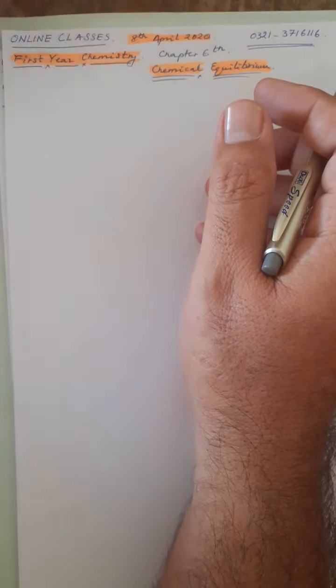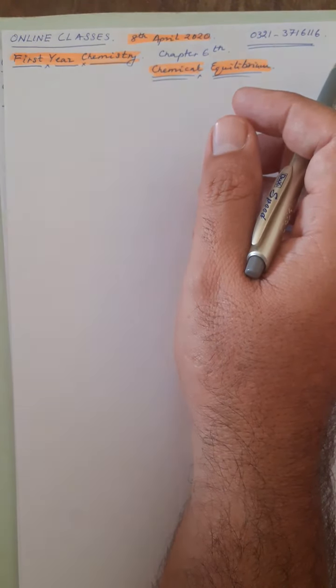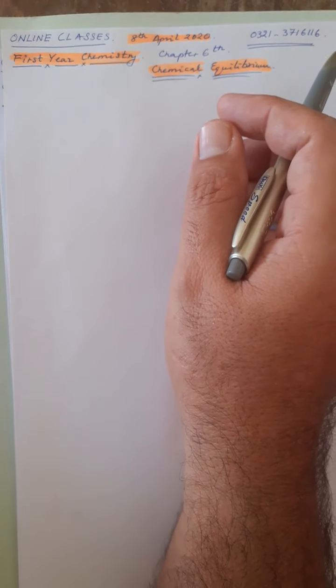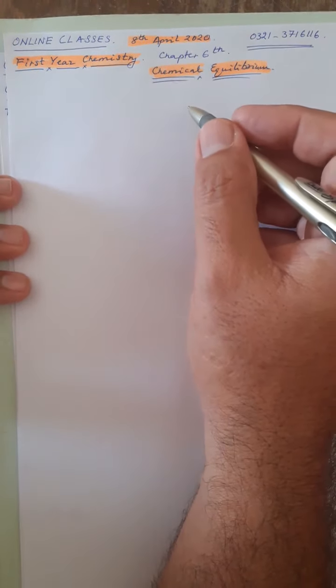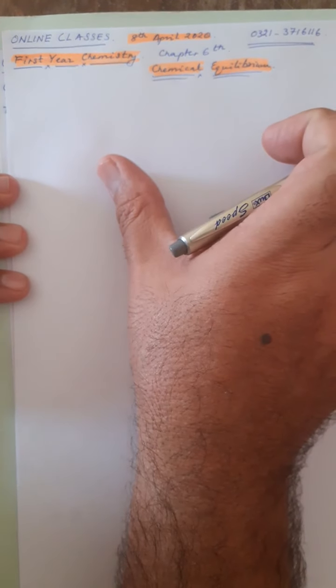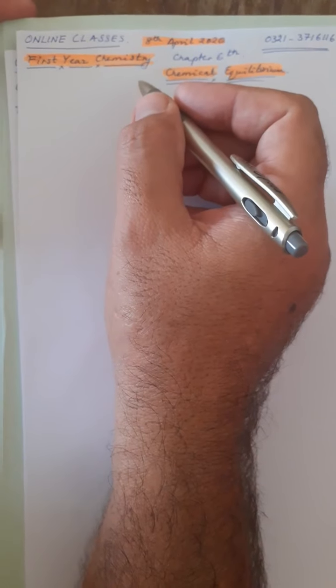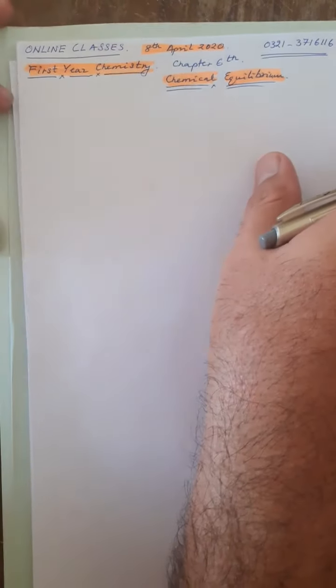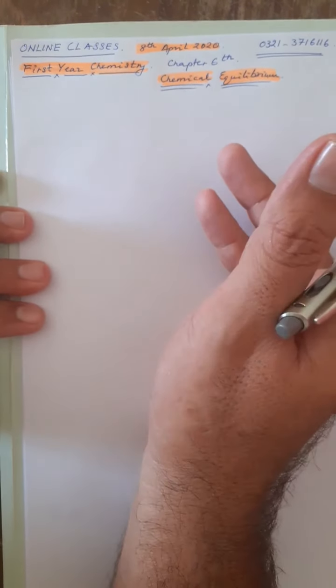But the question remains, what is equilibrium doing in chemistry? And what kind of equilibrium is in chemistry? So to understand chemical equilibrium better, I will first tell you the 2 major types of chemical reactions. There are 2 types of chemical reactions on the basis of the extent to which they go.